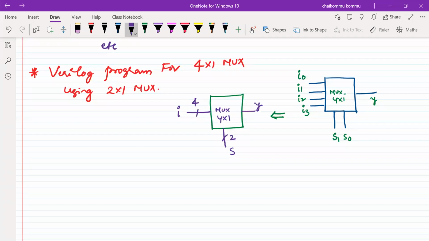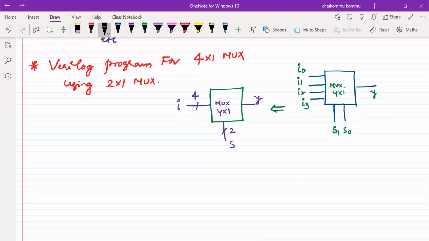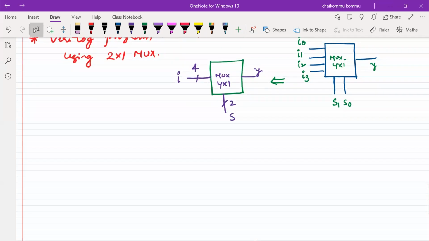How do we develop this 4 cross 1 multiplexer by using 2 cross 1? Let us consider it this way.